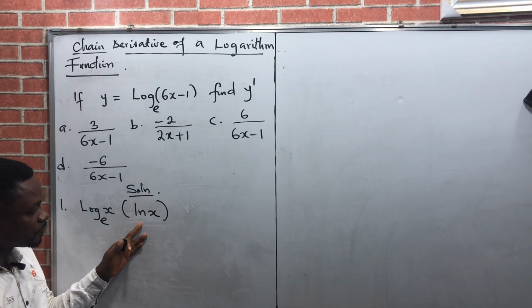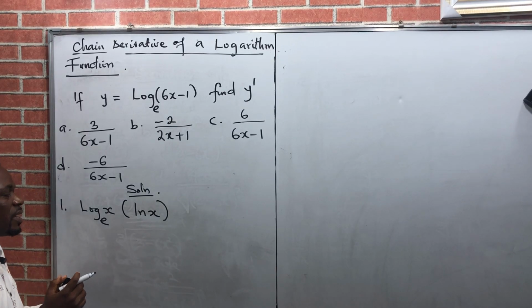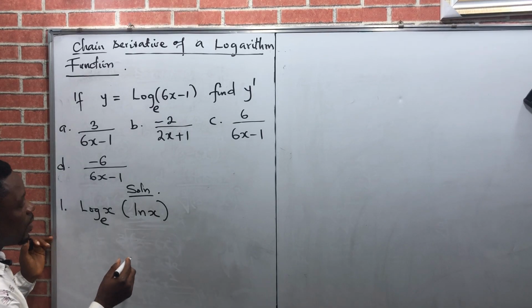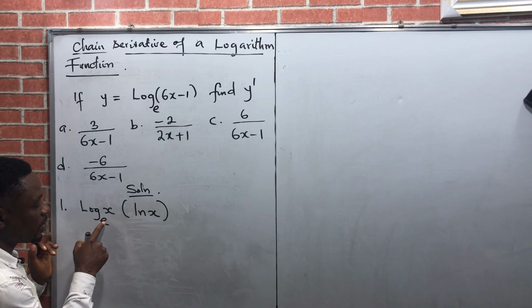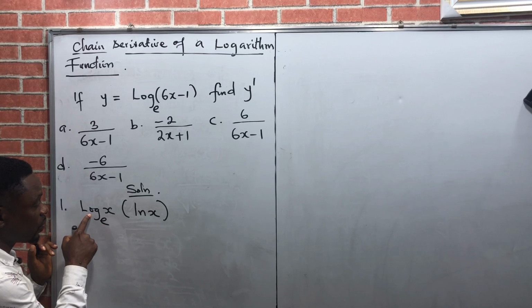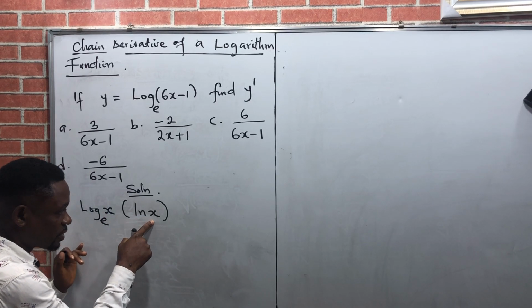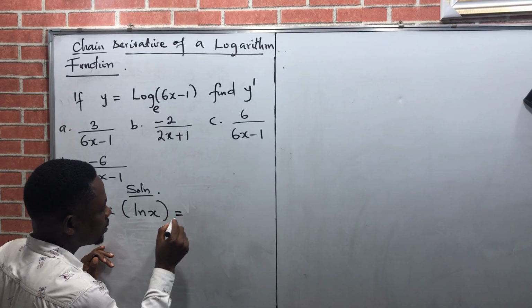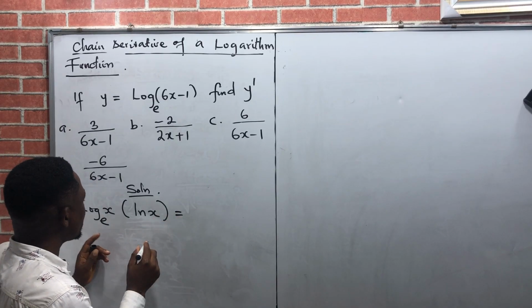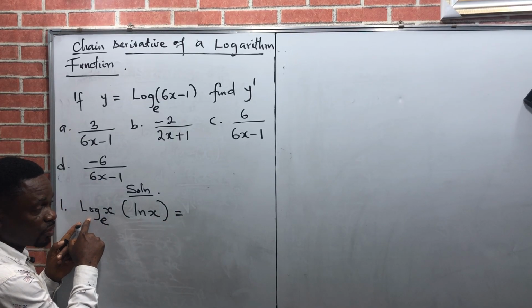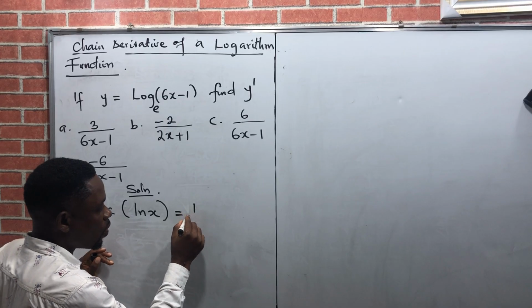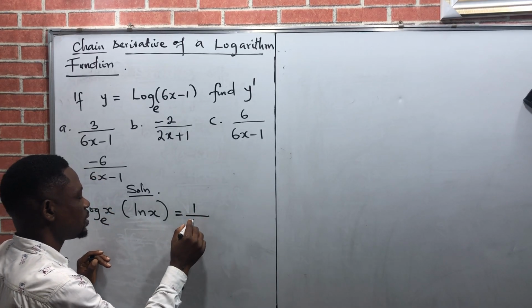Now the question is, it has a standard by which you can differentiate this. How do we differentiate log x, or ln x? This is the format. The first thing you do, anytime you see a logarithm function, call it 1 over that.